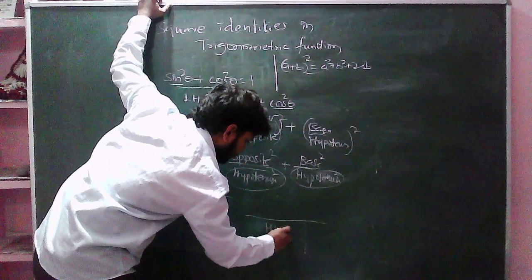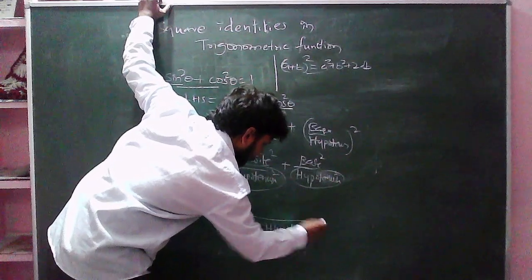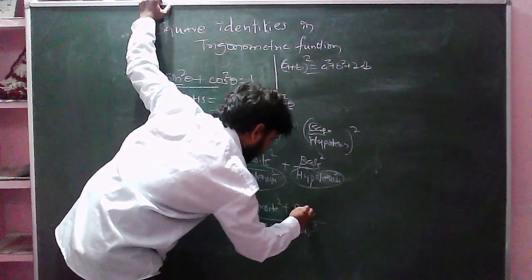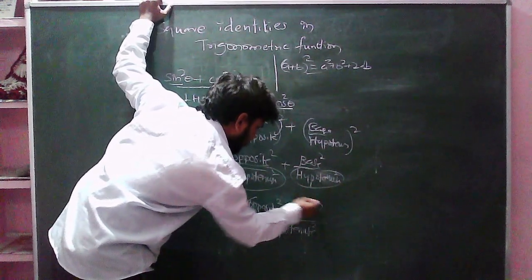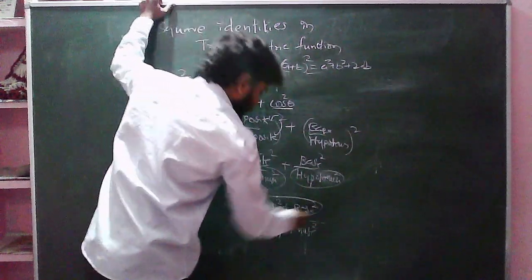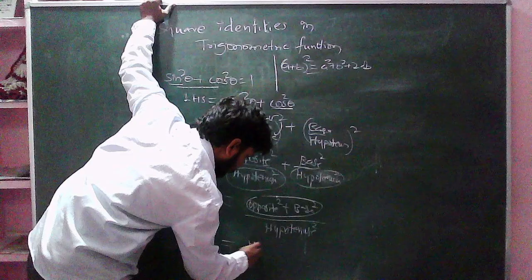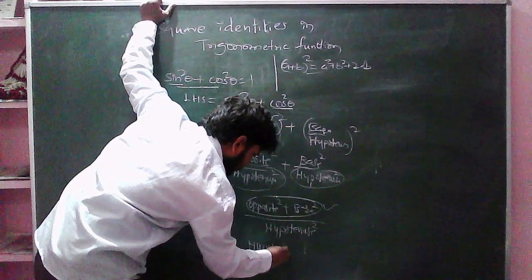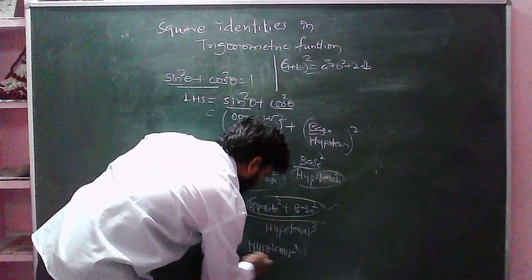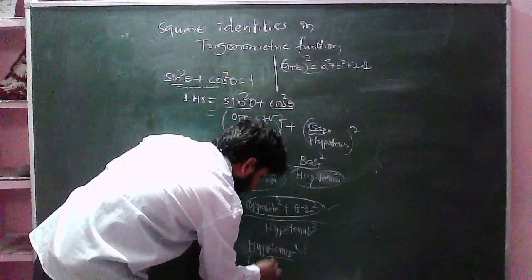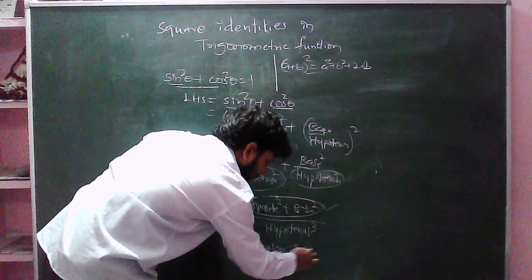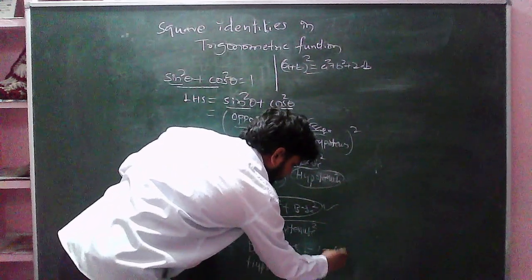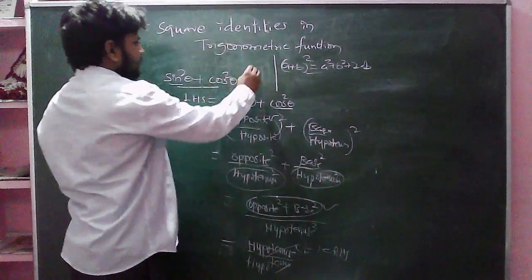We write opposite square plus base square, and we know that opposite square plus base square is equal to hypotenuse square according to Pythagoras theorem. So it is hypotenuse square divided by hypotenuse square, which cancel and equal 1. I got the RHS as 1, which means my identity is true: sin square theta plus cos square theta is equal to 1.